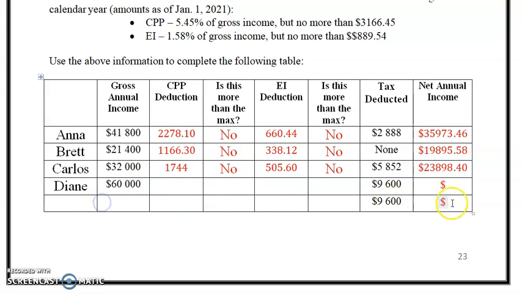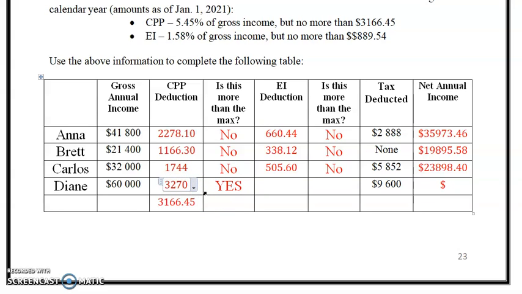So when we calculated, we got 3270. So that's too much. You can't have any more than 3166. So yes, this is too much. So therefore, we're going to put in the maximum amount of 3166.45. You cannot be deducted any more than that. You are over the amount.